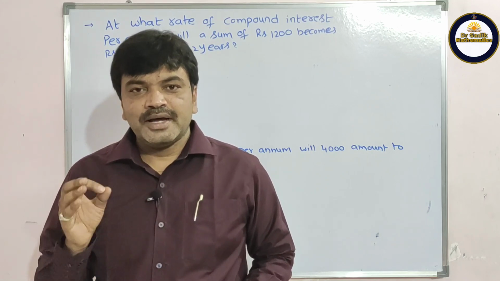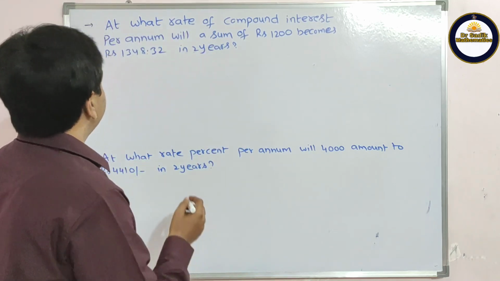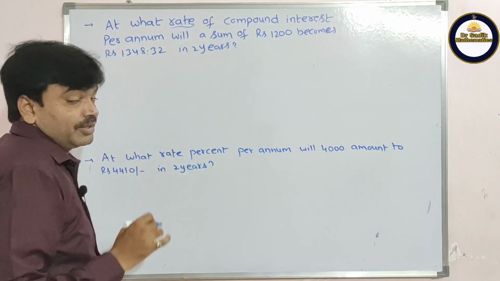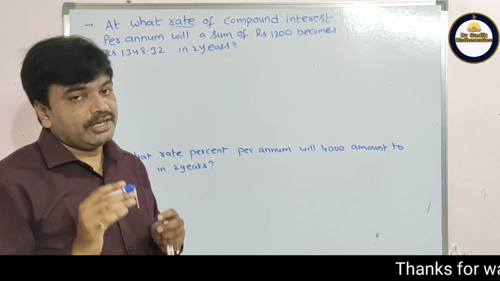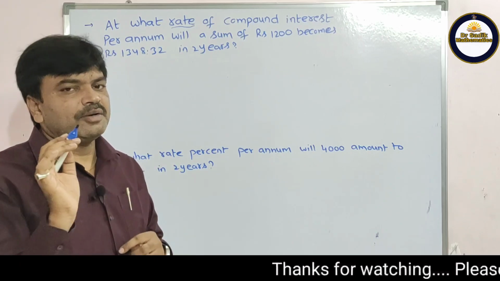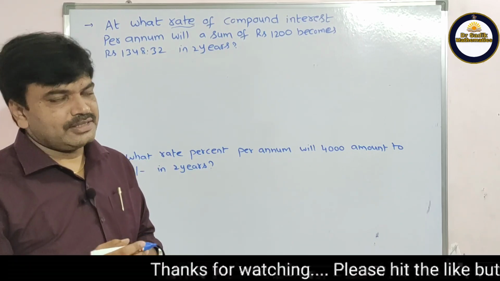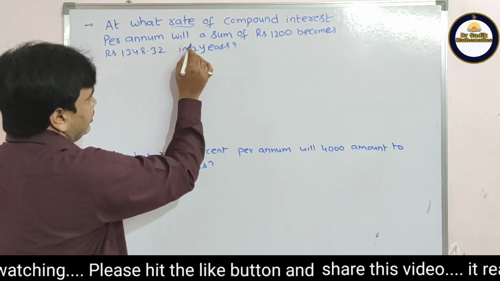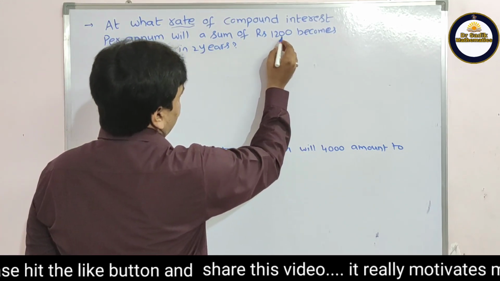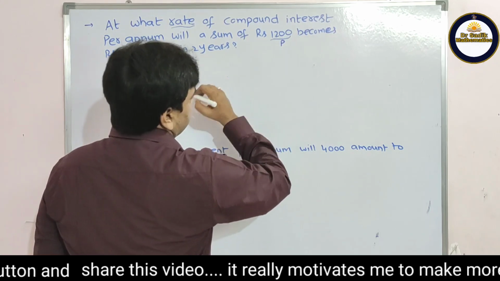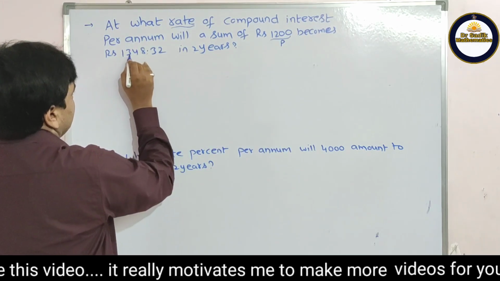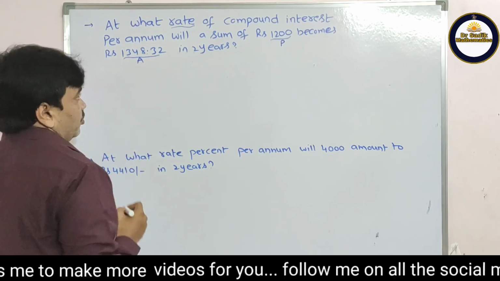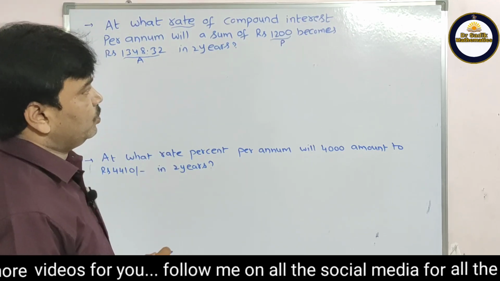Let us see another model. At what rate, friends? Rate. We are finding r, friends. In the previous problems we were finding the number of years. At what rate of compound interest per annum will a sum of 1200, that means it is P, become rupees 1348.32, that means it is the amount, in 2 years.